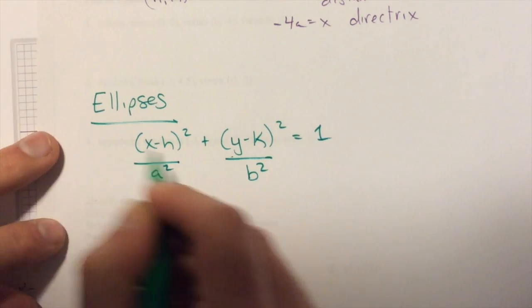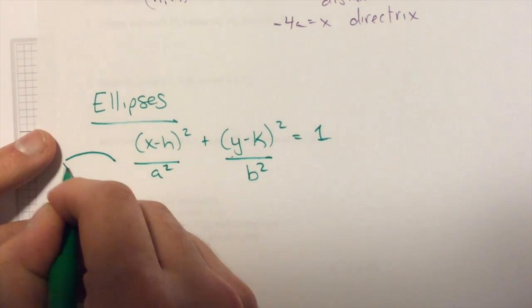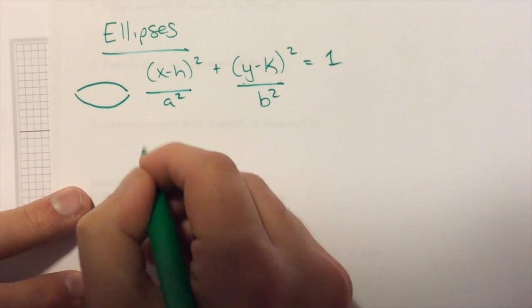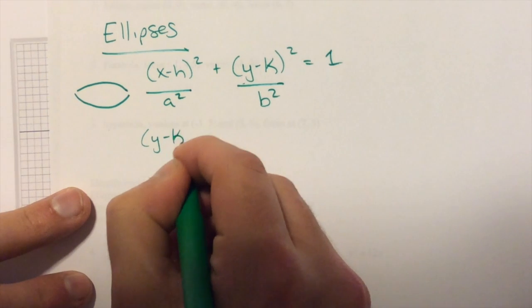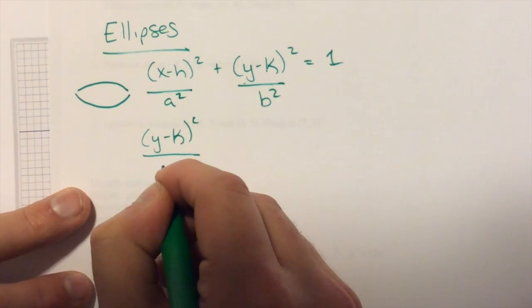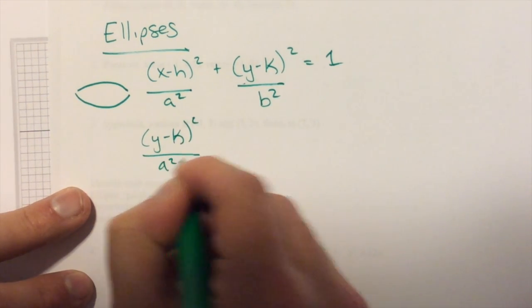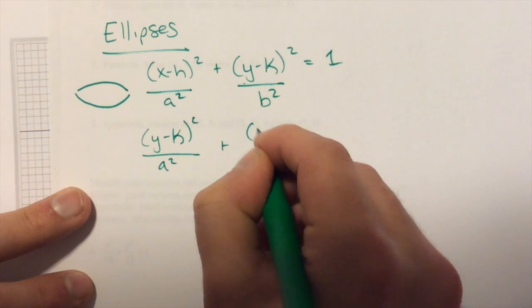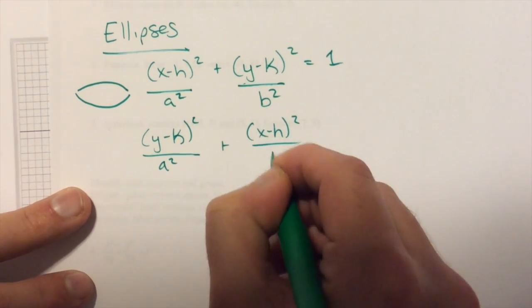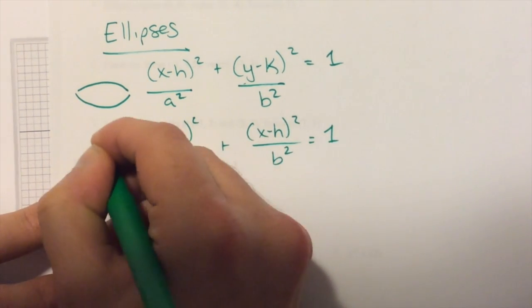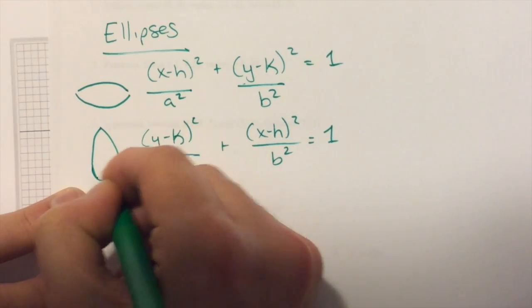If x comes first, then this shape is long. If y is first, so if we have (y minus k) squared over a squared plus (x minus h) squared over b squared equals 1, that means our ellipse is going to be tall.